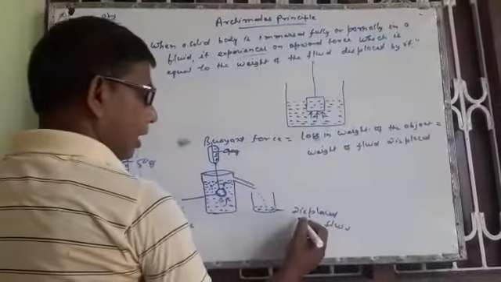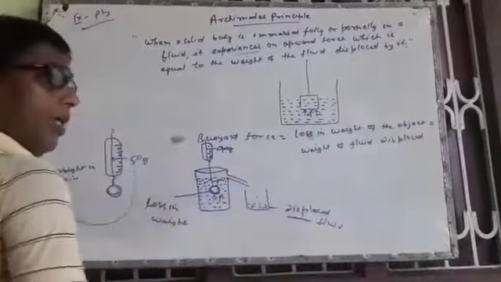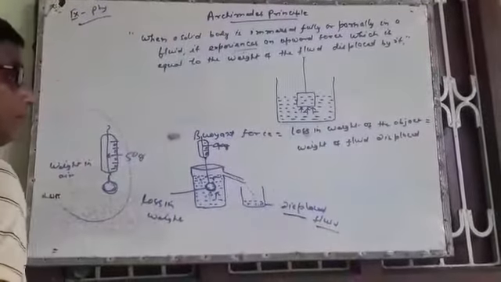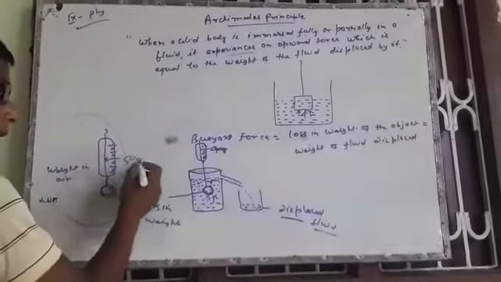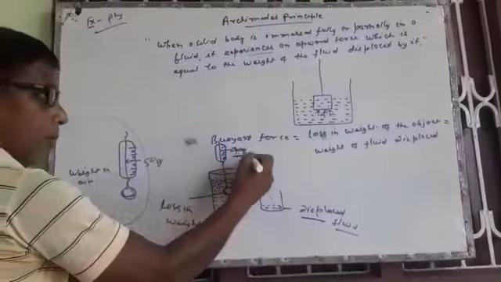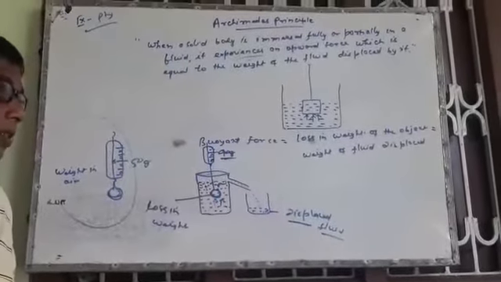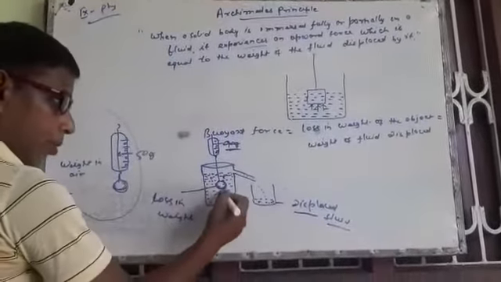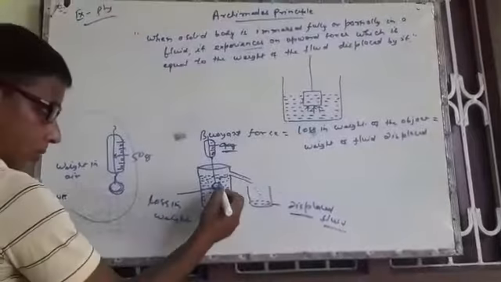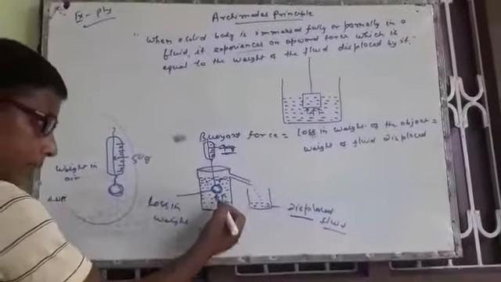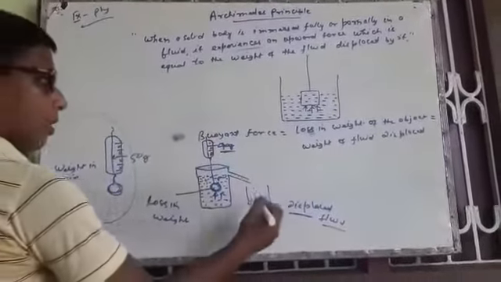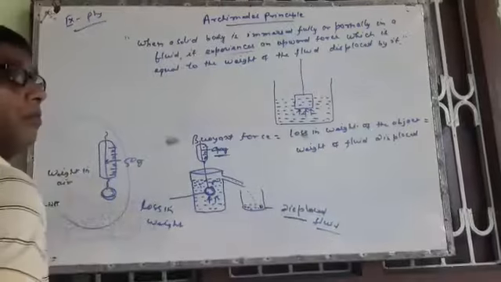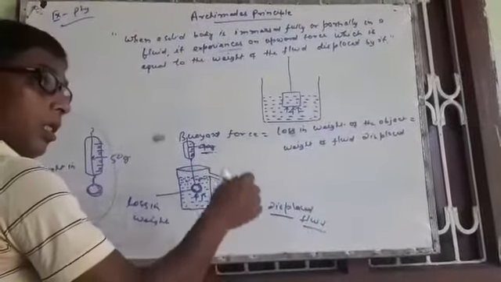We have to measure the weight of the displaced liquid, displaced water. It is found that what is the loss, that is 10 gram loss in the weight. This means the buoyant force, the force applied in the upward direction, equals the weight of this displaced liquid, which is also 10 gram.